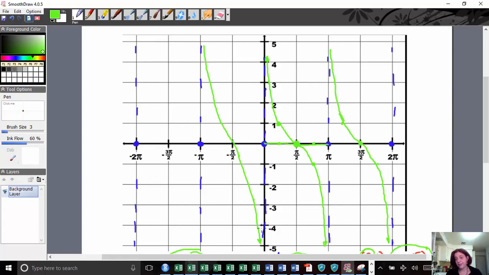Now, this is the cotangent. That's the graph of the cotangent, and this is what you need to remember that the cotangent looks like.